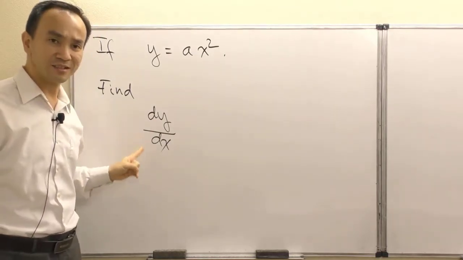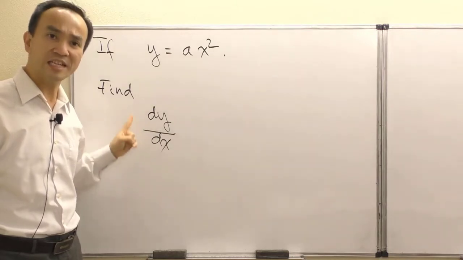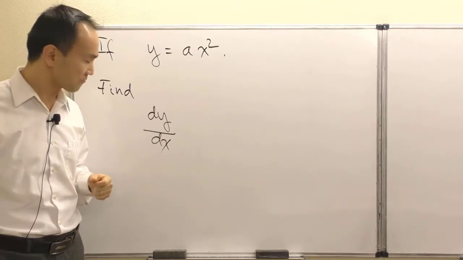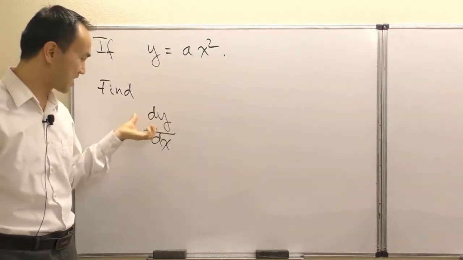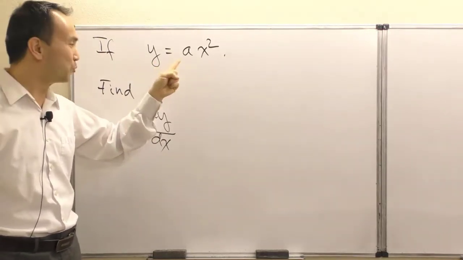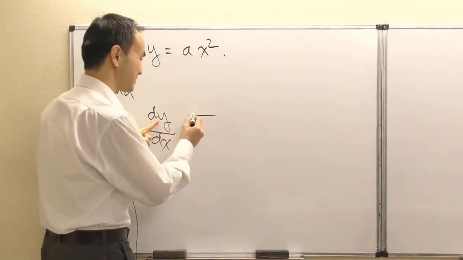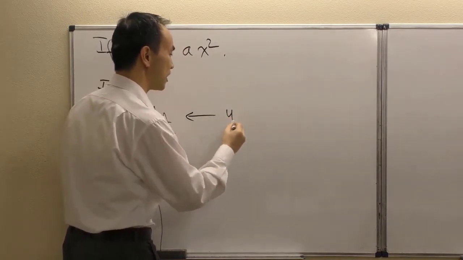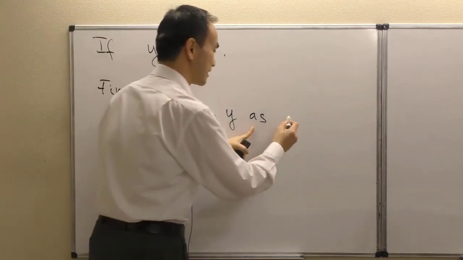Looking at this notation is something quite easy for anyone. This notation is telling anyone reading the problem an instruction: in this equation written here, we want y to be in the role of the function. This notation emphasizes that y is being regarded as the function.